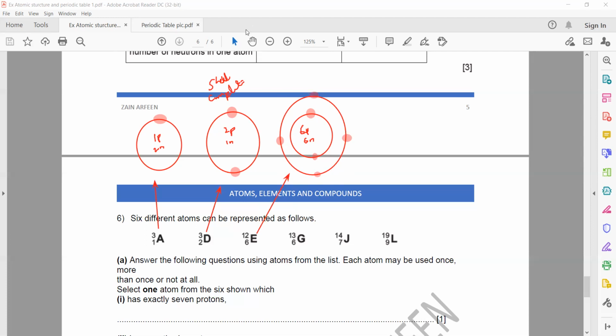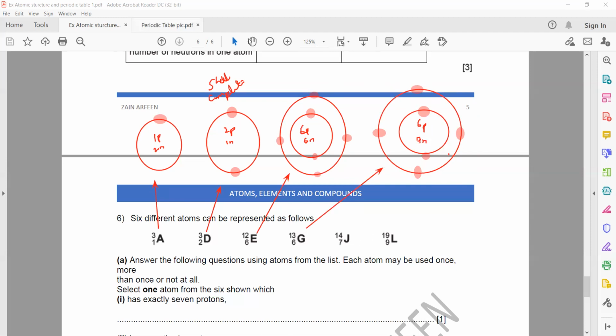What about G? When we draw the structure of G, it is having six protons and seven neutrons. So we have to arrange six electrons as well, as all of them are atoms. The first shell will be two electrons, and the second shell will have four electrons. So basically E and G are isotopes because they have the same number of protons and a different number of neutrons.